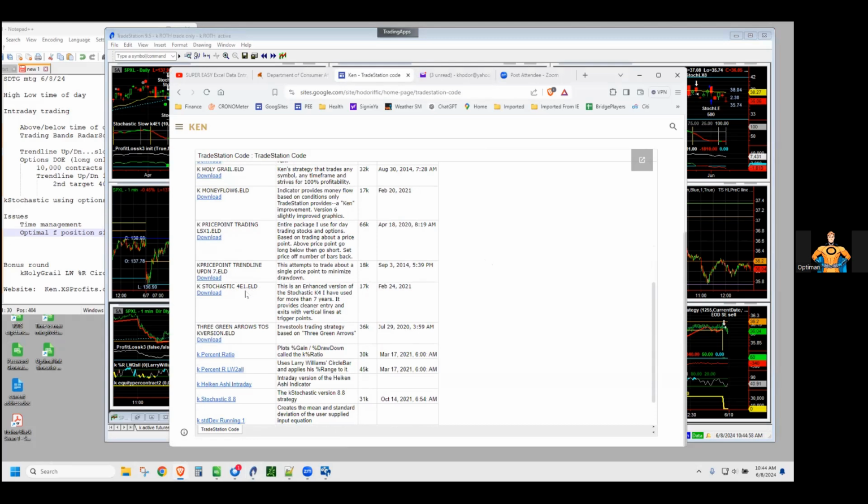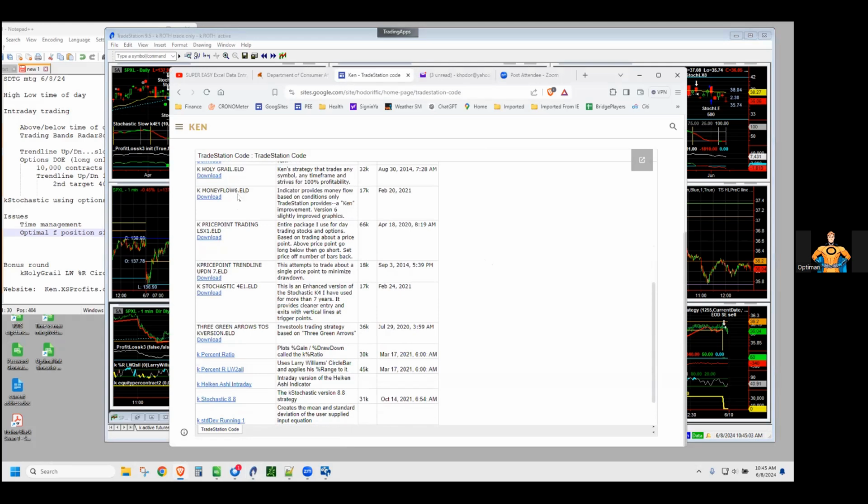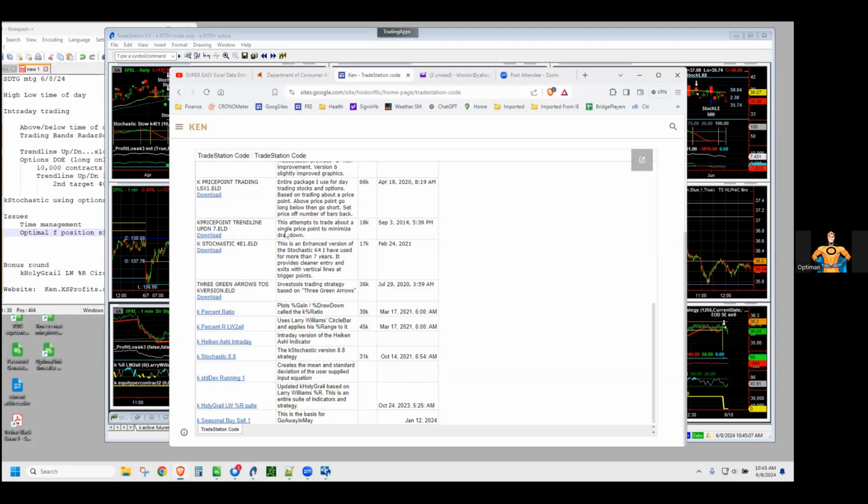I have a version control thing that I use, and then here's the money flow one that I talked about. So anybody who wants to download that can do that. And then they have the case stochastic. This is version 8.8 strategy, and that's what I've been using for the last 8-10 years to trade my IRA.